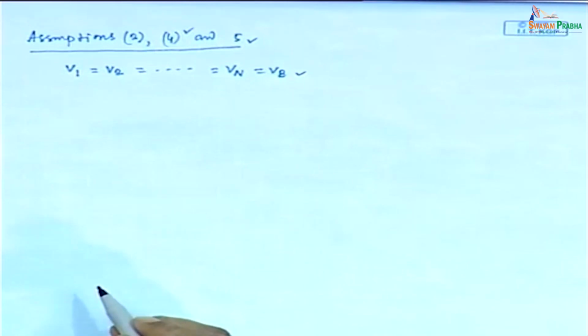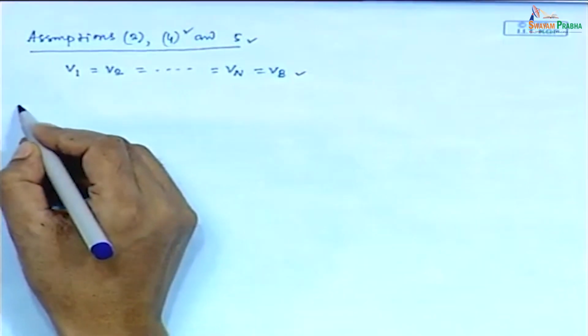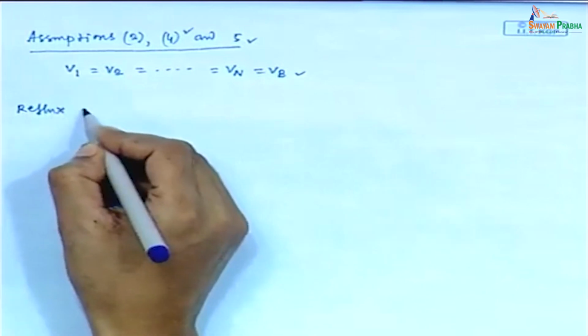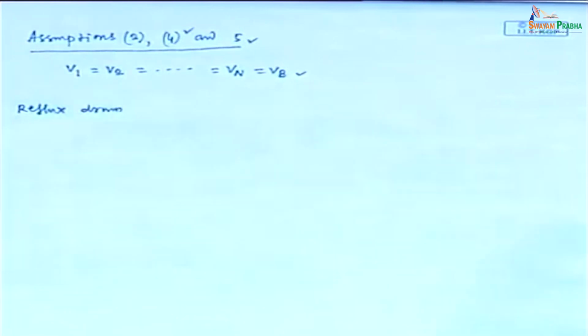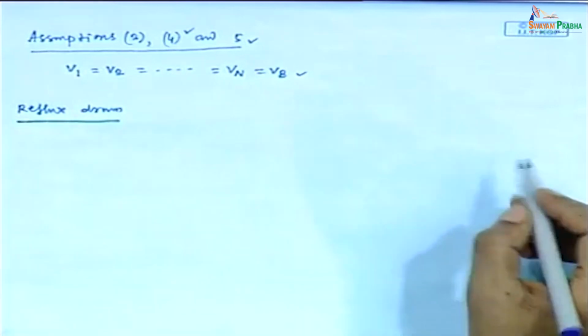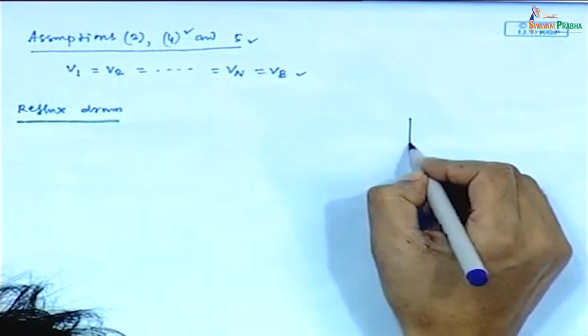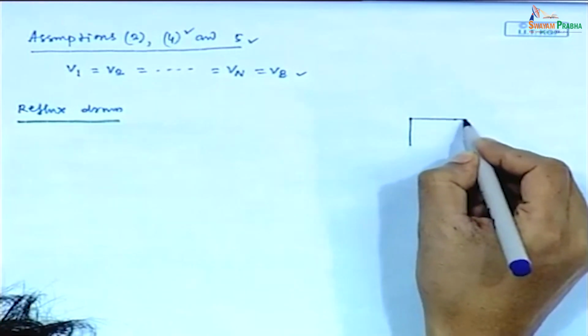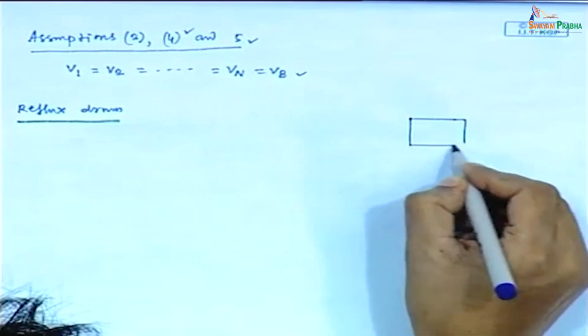Next, we will develop the modeling equations by dividing the distillation column into different envelopes. First, we will develop the modeling equation for the top section, which means the reflux drum. The schematic of a reflux drum is like this.